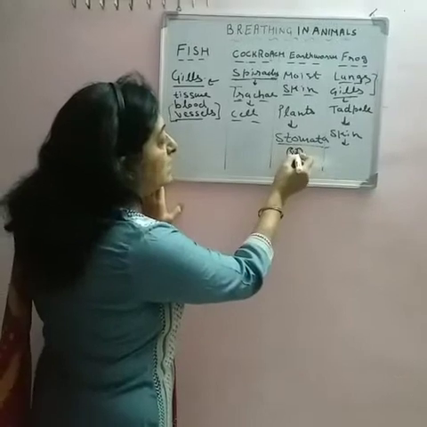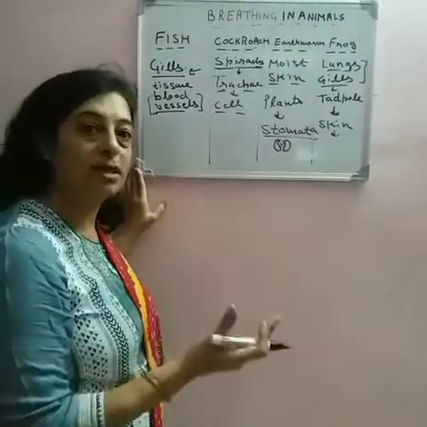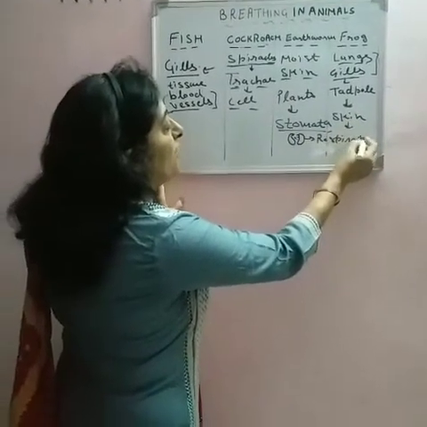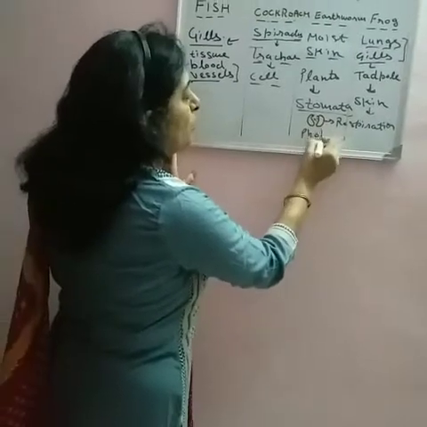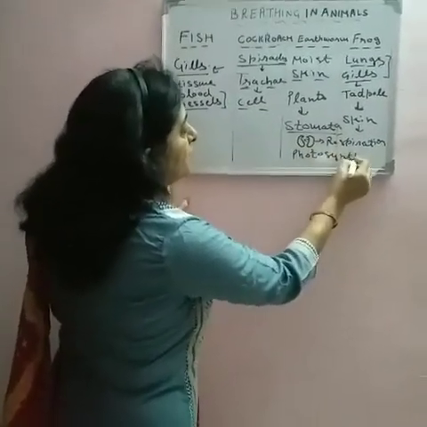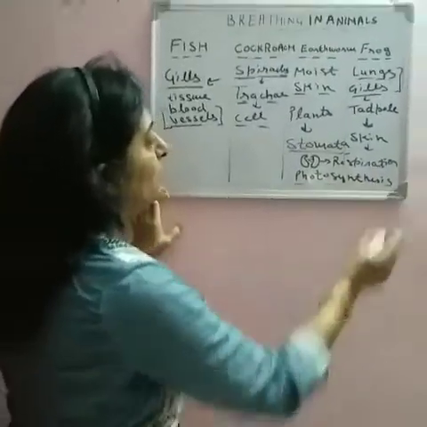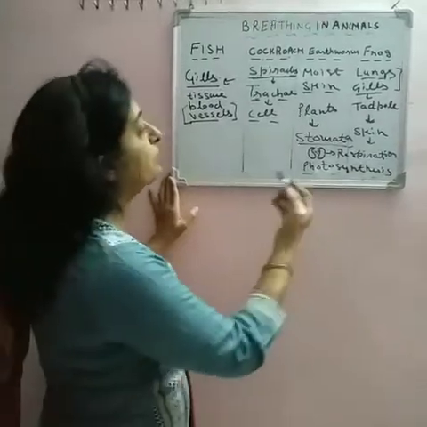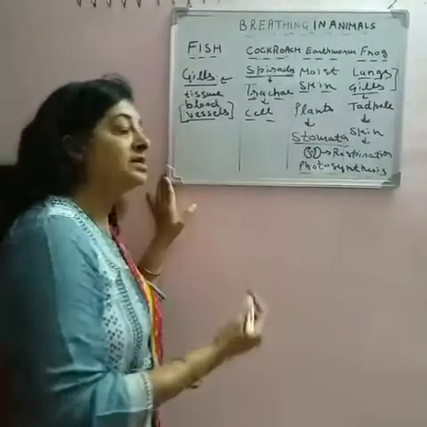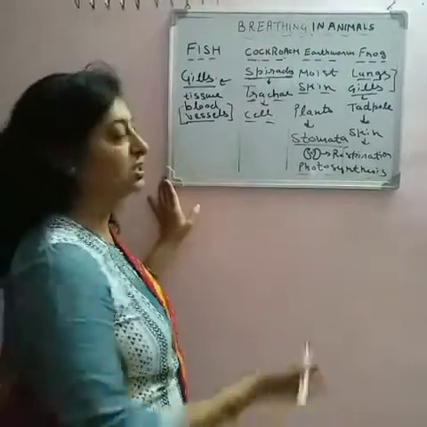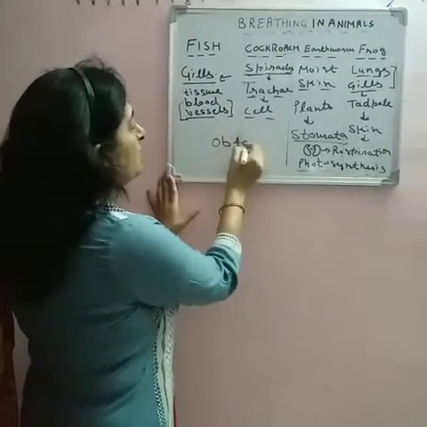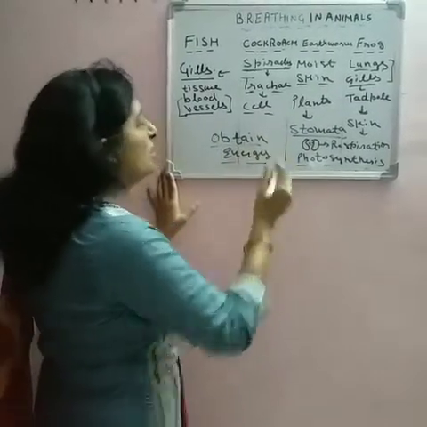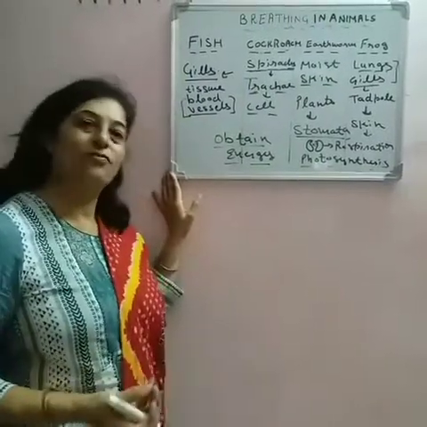With the help of these tiny pores, exchange of gases takes place for respiration as well as for photosynthesis. So different living organisms have different modes of respiration, but all living organisms do respiration to obtain energy from the food.